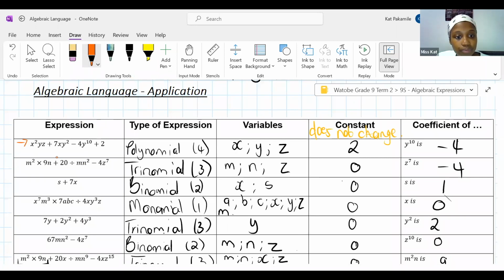No, ma'am. But no matter what the value of x and y and z is, that plus 2 at the end will never change. Do you agree? Yes, ma'am. That's what constant means. It means the number that's sitting on its own and will never change regardless of what happens there.